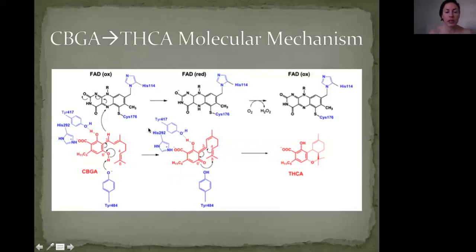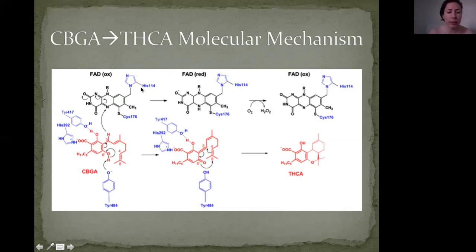And then you see here on the outside that the histidine 292 is in fact bound to the carboxyl group, and the tyrosine 417 is bound to this hydroxyl group here, but these two groups remain the same in the end, which means that they're unchanged. There's no active catalytic reaction going on here. The only reaction that's actually happening is with the tyrosine 484 and the FAD moiety itself.